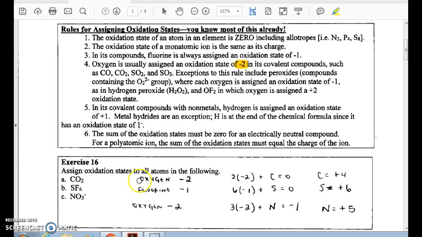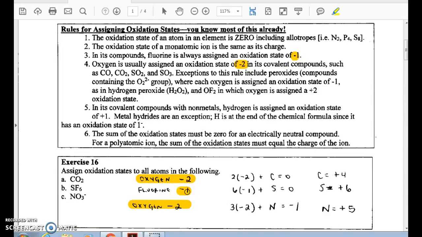So I immediately assigned oxygen -2 in the CO2 and oxygen -2 in the NO3-. The other one I found is fluorine, which is always assigned an oxidation state of -1. That's also its ionic charge, and because it's the most electronegative atom on the periodic table, it's always going to be -1. So in sulfur hexafluoride, fluorine is -1.